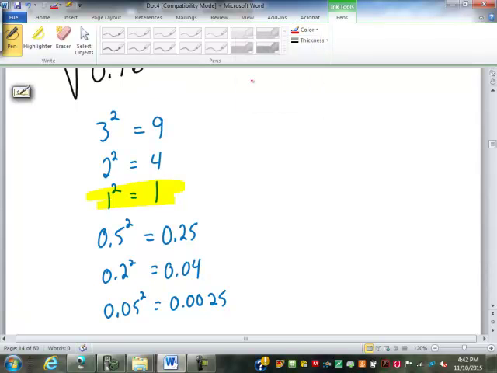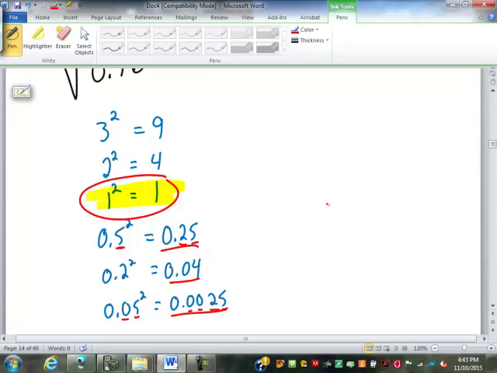Remember, when we multiply two decimals, we count the number of decimal places in the problem. That's how many decimal places in our answer. So 1 decimal times 1 decimal gives us 2 decimal places. 2 decimal places times 2 decimal places gives us 4 decimal places in our answer. When we square something that is between 0 and 1, we get a result that is smaller.